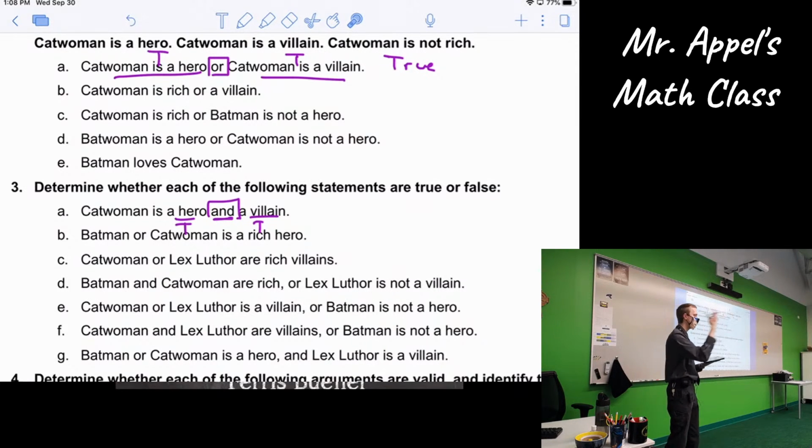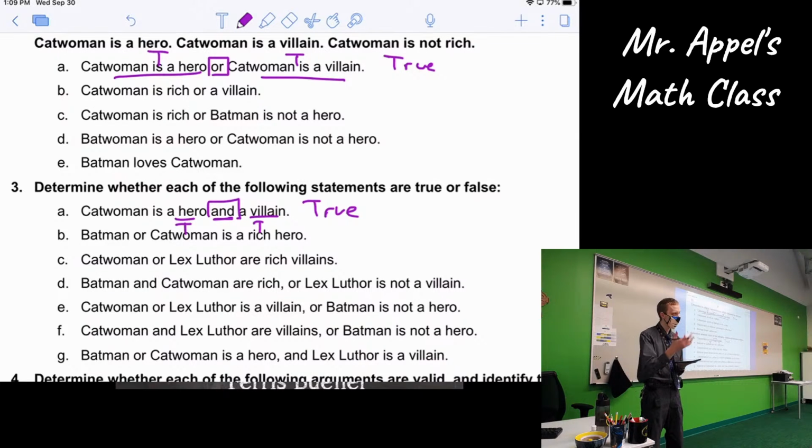We understand that we're talking about Catwoman there from the interpretation of the English language, right? So when you convert that to the logic statement, you can test, yes, this side is a true statement, this side is a true statement, and it checks out, the whole thing is true. So I've shuffled that in there too, a little bit more natural language.